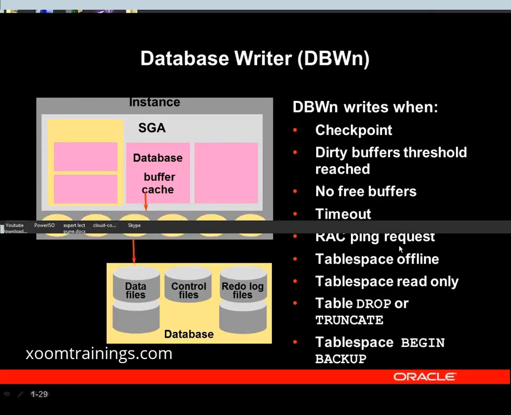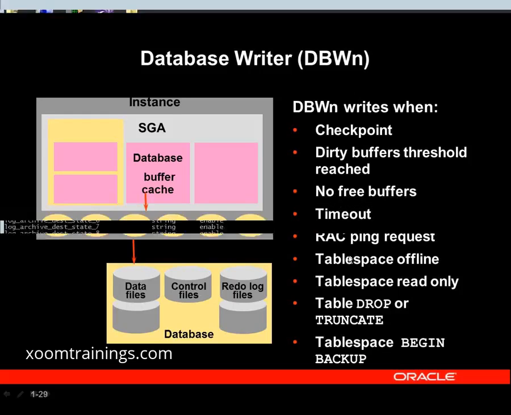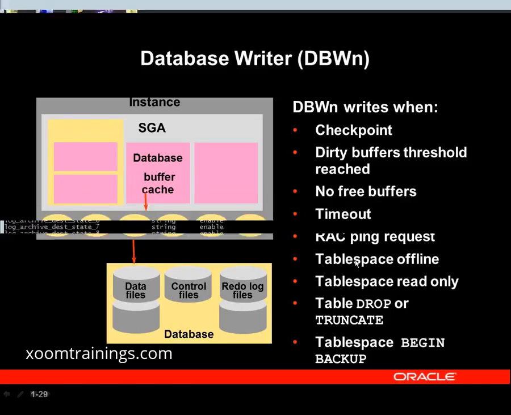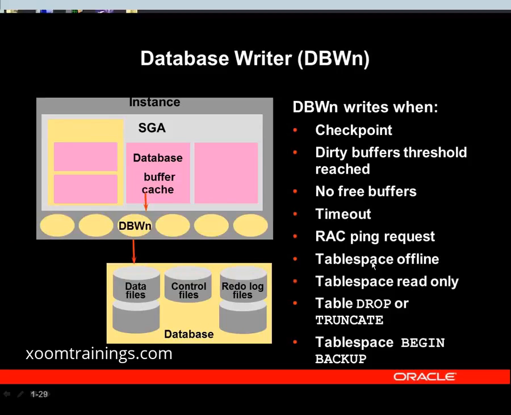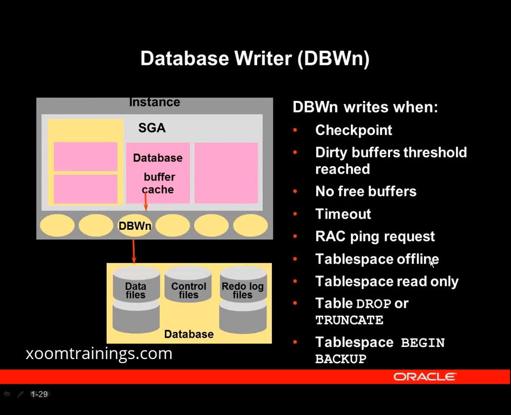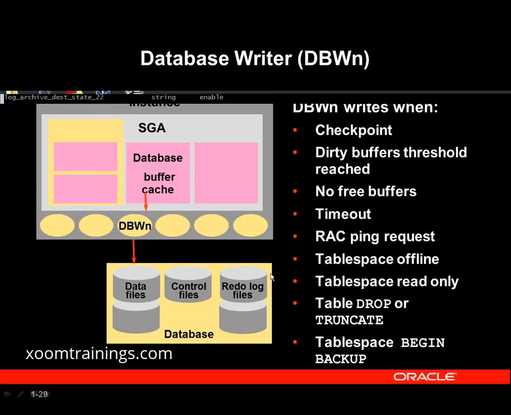The database is managed in the form of tablespaces, and one tablespace can be associated with multiple data files. We take a tablespace offline for backup and recovery management purposes. In that case, if we take it offline, the database writer writes the modified blocks.